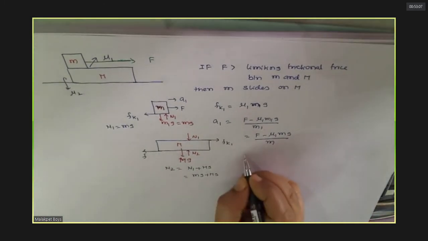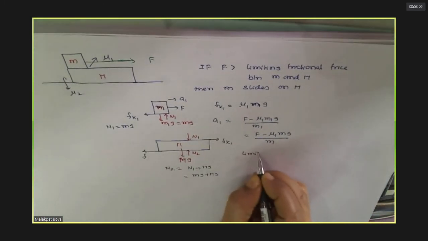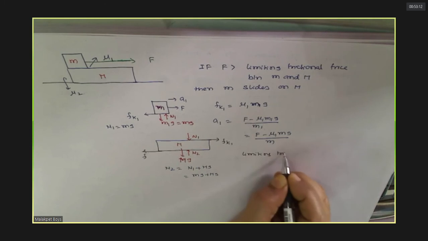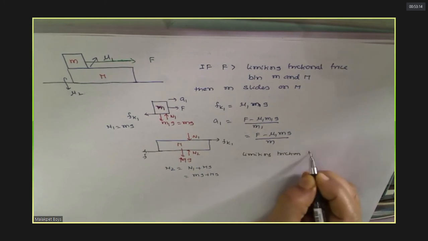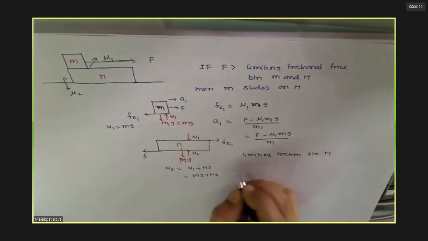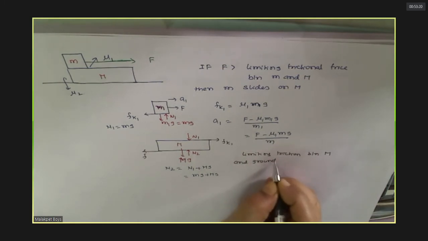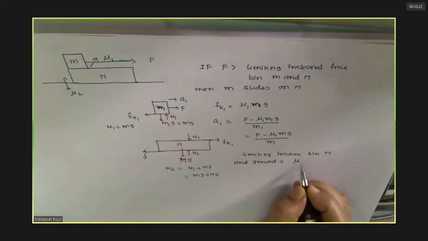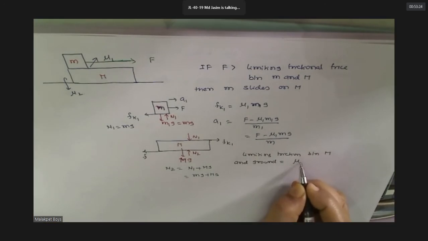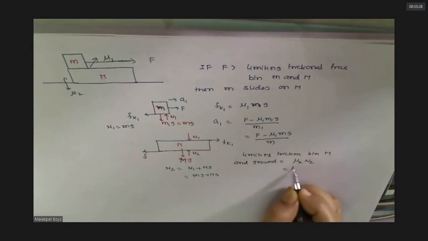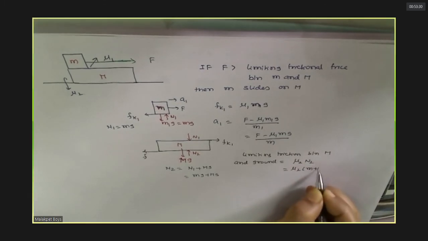See what is the limiting friction between them: mu 2 into (m plus capital M plus small m) into g. Do you agree till here?